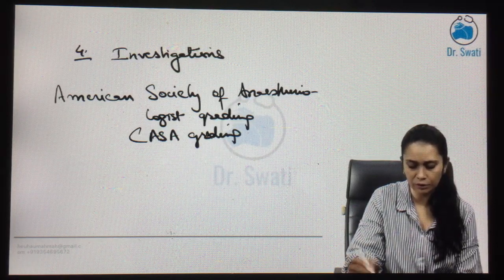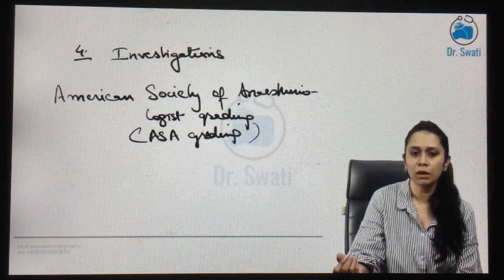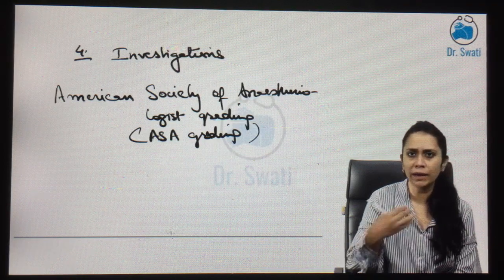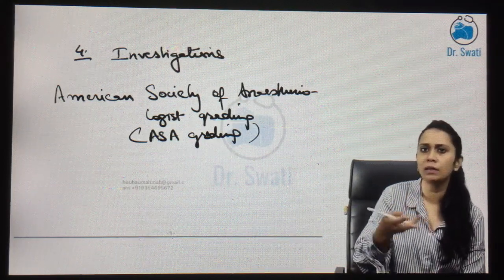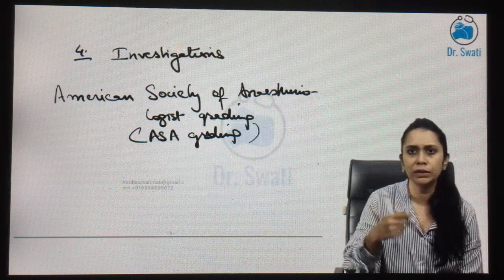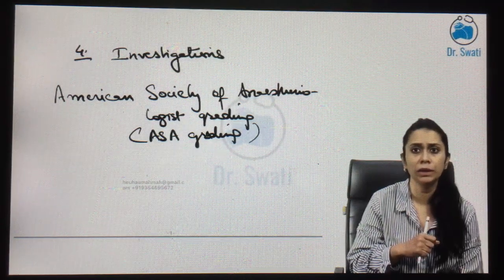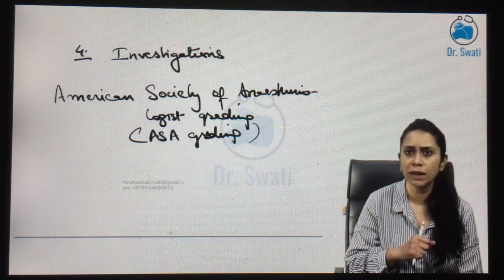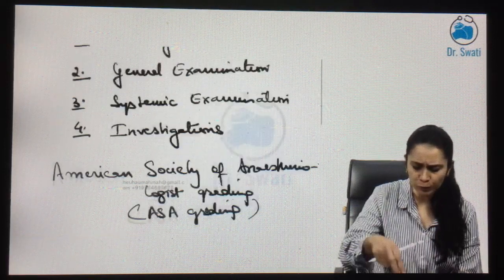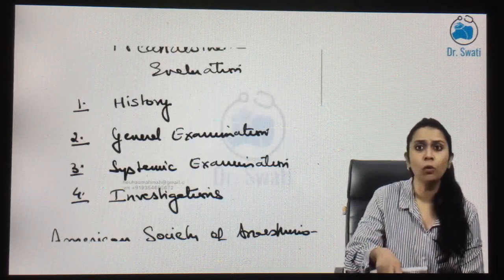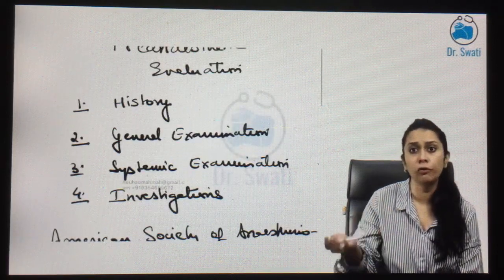Now, what does this ASA grading tell us? Like, I am the anesthetist who has done this pre-anesthetic evaluation and has given an ASA grade of 3, and some other anesthetist is getting the case done. He would not repeat all these things. He would know what ASA grade 3 or 2 or 4 means.